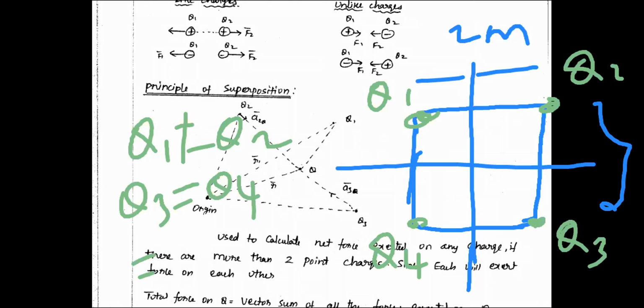All my charge values are the same, say for example, 1 nanocoulomb. All the charges present on the corners of the square are 1 nanocoulomb. Now I am placing one more charge at the center point, and that charge value is 2 nanocoulomb.